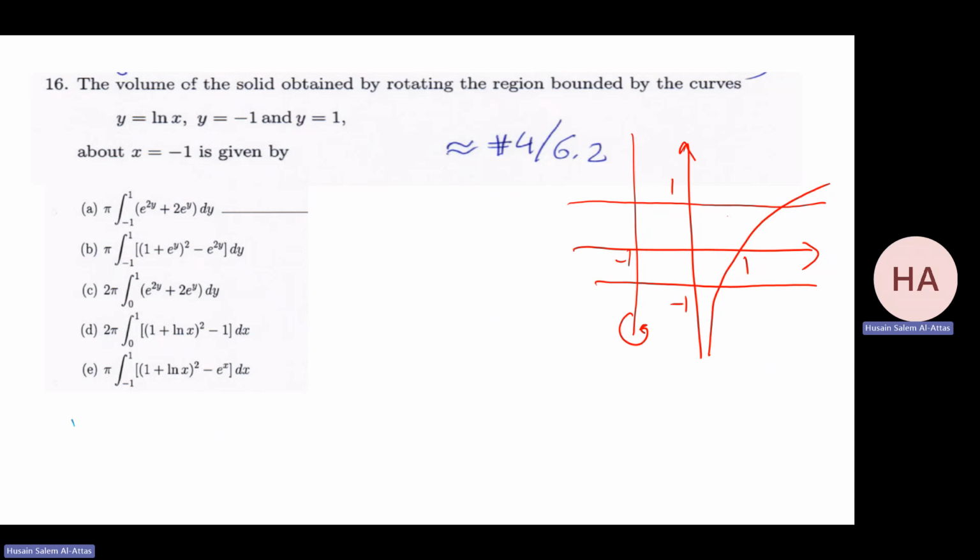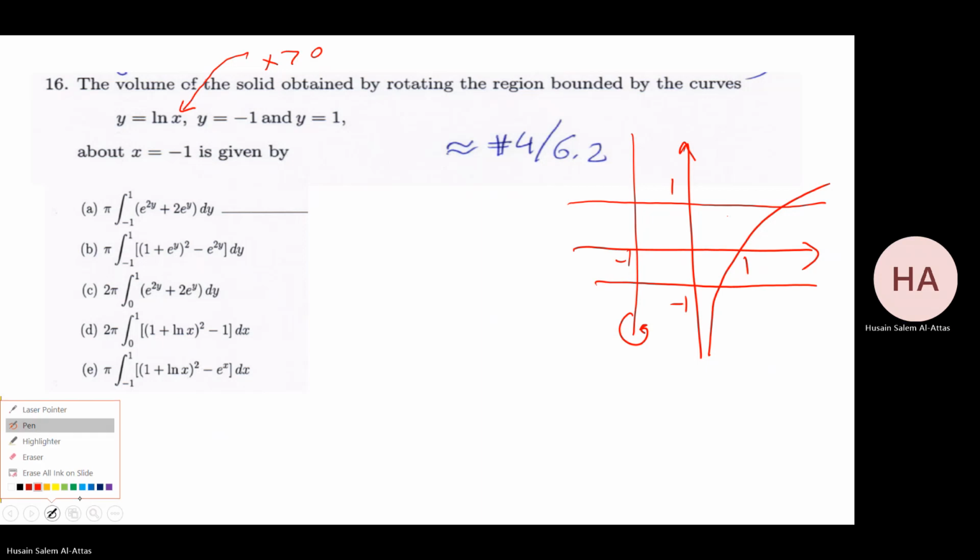Be careful here. You need to figure out one thing. Since I have ln x, x is positive, so I'm talking about this region. The axis is perpendicular to this, so I need to change everything in terms of y.